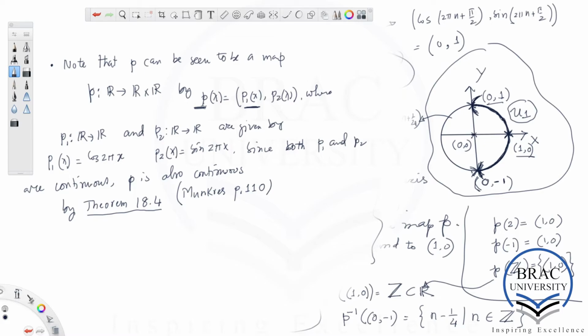So for the details, go to page 110 of the book by Moncrief to see what this theorem is about. All right.